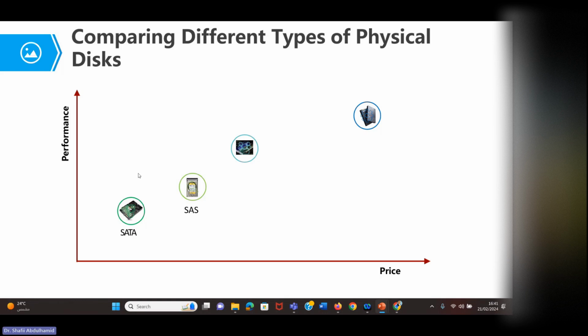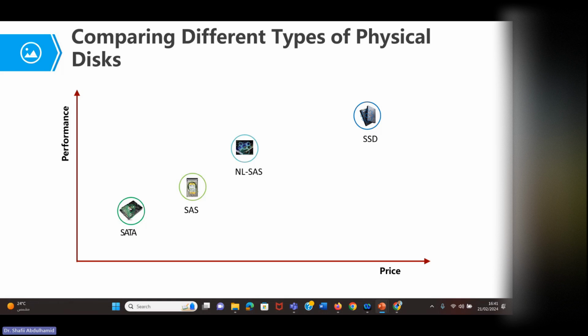It has a bit higher performance than the SATA and also a bit higher price than the NL SAS. It has also a bit higher performance than the normal SAS and of course a bit more expensive. And then the SSD at the top level has higher performance and is more expensive than all of them.